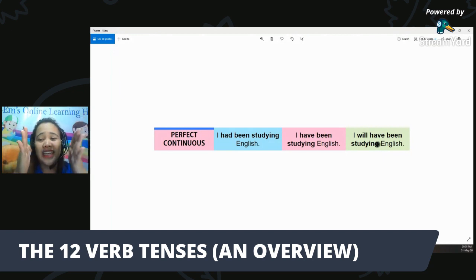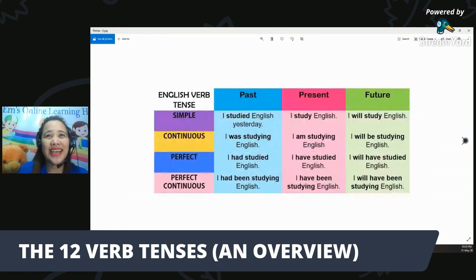This is to indicate an action that will have happened for some time and will not be complete at a certain point in the future. I will have been studying English, or I will have been eating pizza for 2 hours when you arrive.